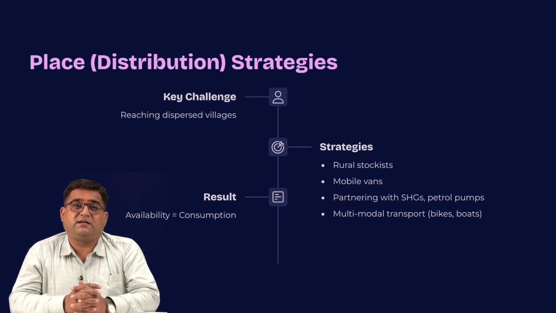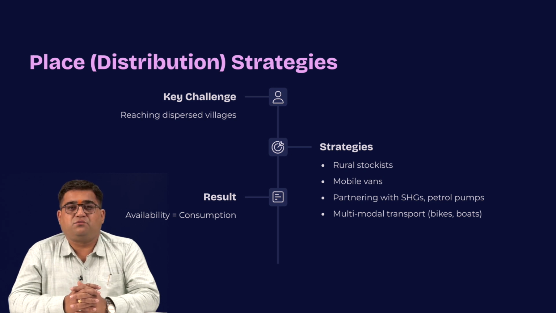Traditional distribution hierarchies are often extended. Firms may appoint dedicated rural distributors or a super stockist who service village level retailers. Mobile distribution vans that travel to weekly village markets or haats and smaller underserviced villages are also common.